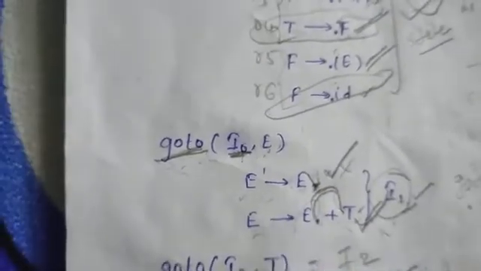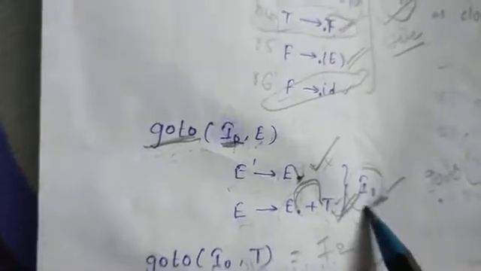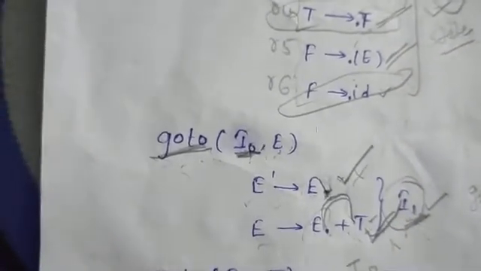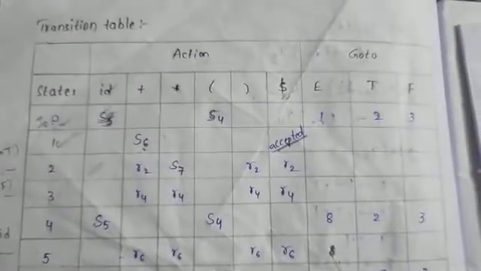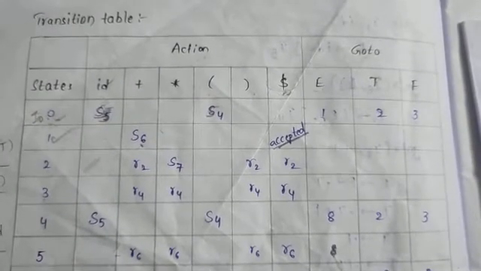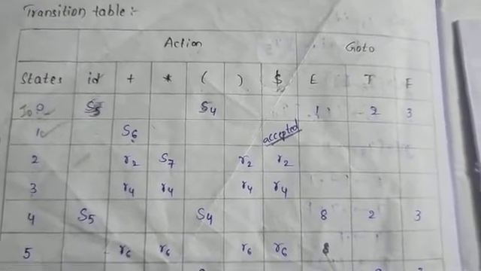For that reason, in this I1 state, at the place of dollar we are simply using the accept statement. That means at that situation the grammar will be completely accepted. Again, in the first state there are no non-terminals. Why?